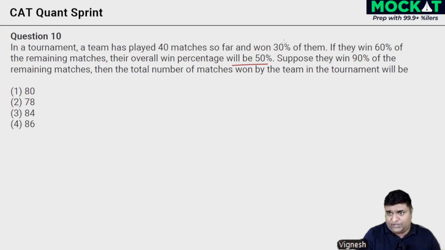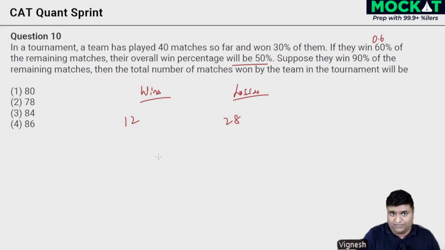The team has played 40 matches and won 30% of them. So wins over here and losses, let's say, right? 30% of 40, 12 wins, 40 minus 12, the remaining 28 are losses. If they win 60% of the remaining matches, 60% is 0.6, right?